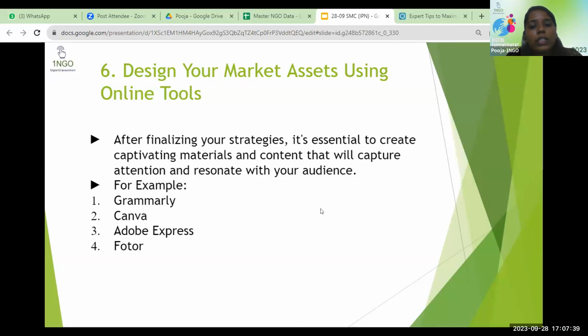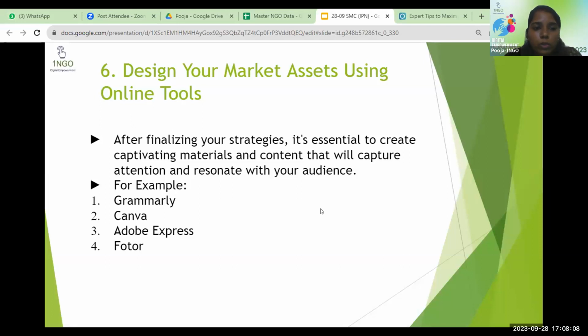You can also design infographics or data visualizations to present information or statistics about your organization's impact. And you can also design flyers or brochures using these tools, Canva and Adobe Express. You can have brochures to promote your fundraising events or volunteering opportunities, or to create awareness campaigns.